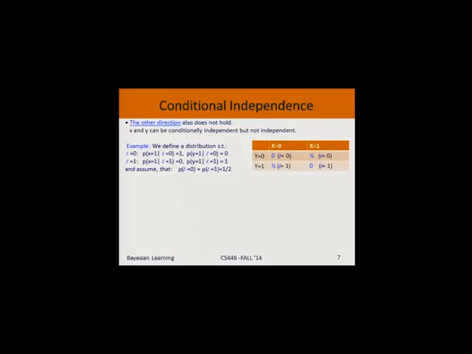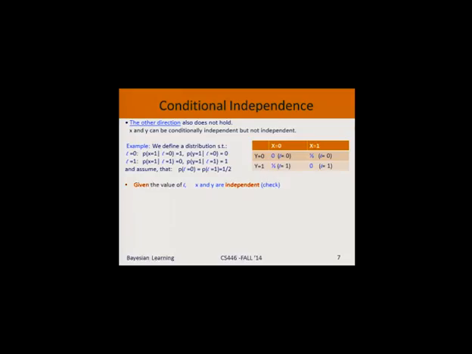And in the case L equals 1, I'm saying that the probability of x being 1 is 0, x is always 0, and y is always 1. So this is the table I have now. I'm also assuming that the label is uniform, either 0 or 1 with probability half.